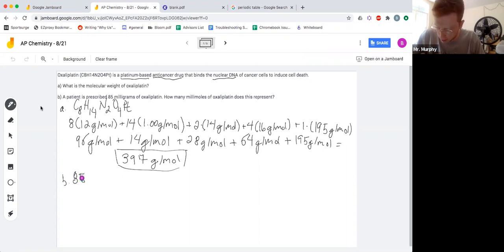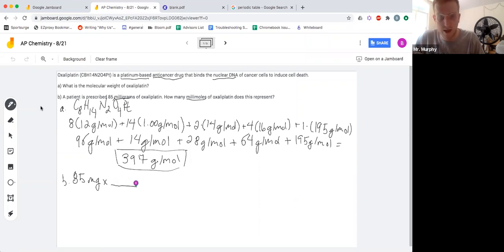It is absolutely foundational to the rest of chemistry to internalize dimensional analysis. So we see that we want to go from milligrams to millimoles. So how are we going to get there?